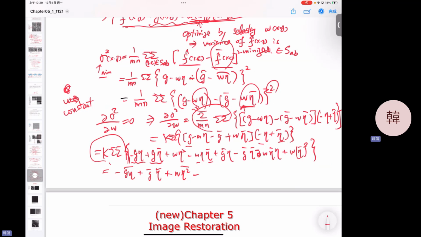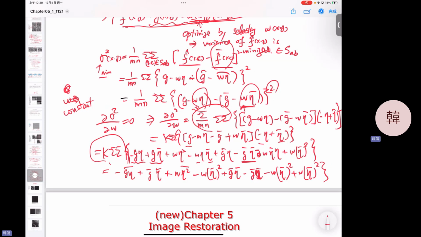So eta bar times eta bar becomes eta bar square. So it's a minus W eta bar square. And plus this one, G bar eta bar minus G bar eta bar, because it's the same, it doesn't change at all because it's already average. So there's nothing changed. And then minus W, W eta bar square. And then plus W eta bar square because it's constant, no change at all.